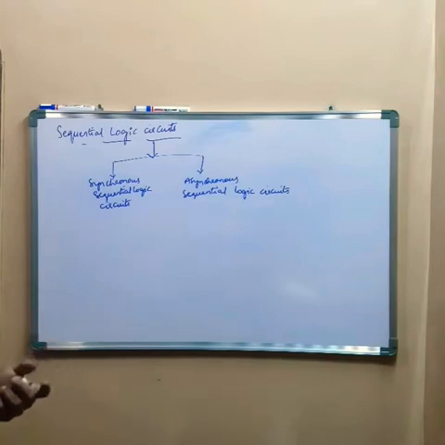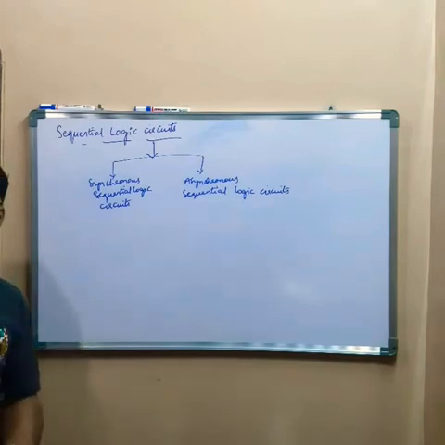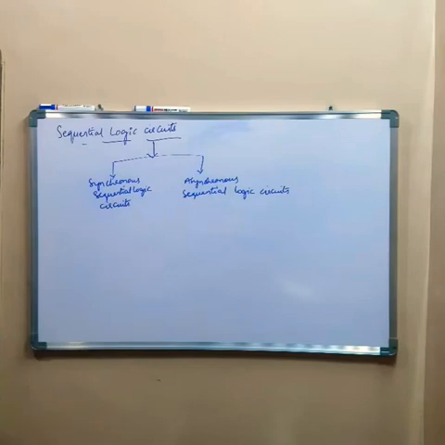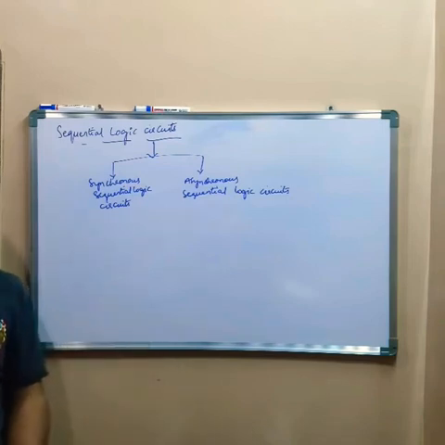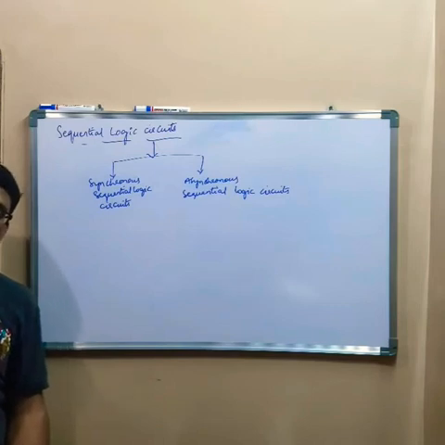A sequential logic circuit is the circuit in which the output depends on the present input variables and the past outputs. So in case of synchronous sequential logic circuits, the output will be affected whenever the input variables are changing and also upon the activation of a clock pulse, right?